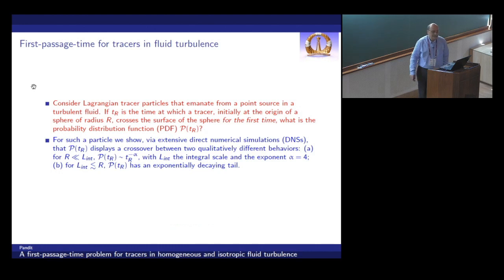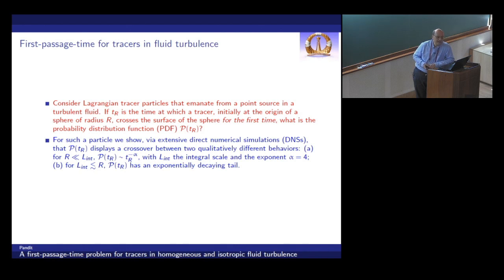All right, so here I'm defining a problem in the context of fluid turbulence. Consider a Lagrangian tracer particle. That's a neutrally buoyant particle which is used to track a turbulent flow that emanates from a point source in the turbulent fluid.